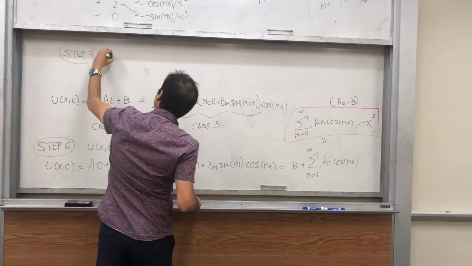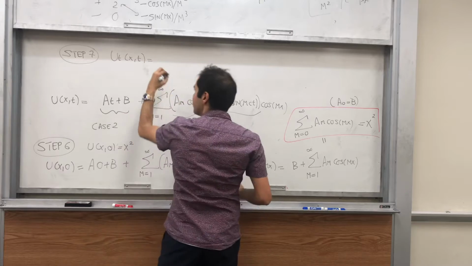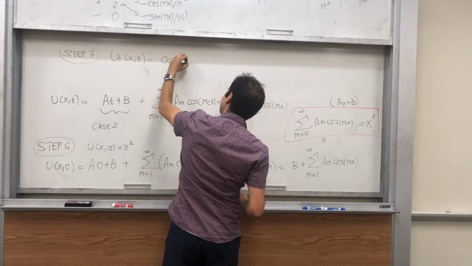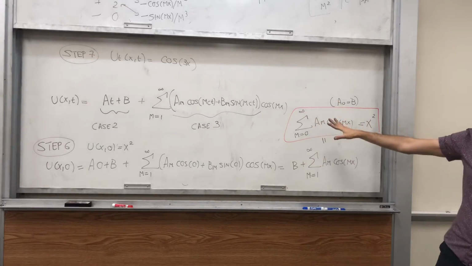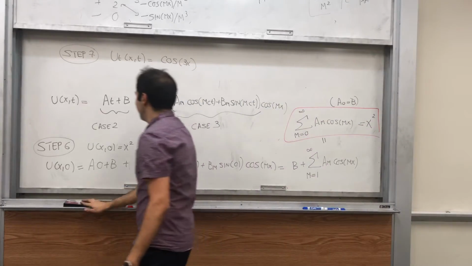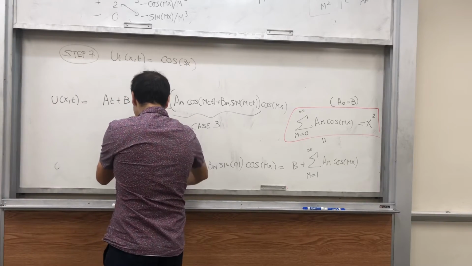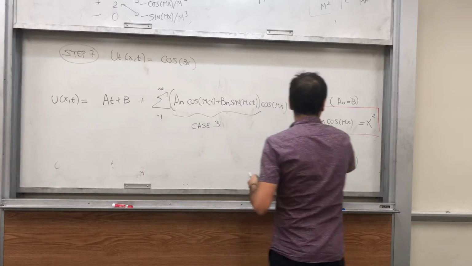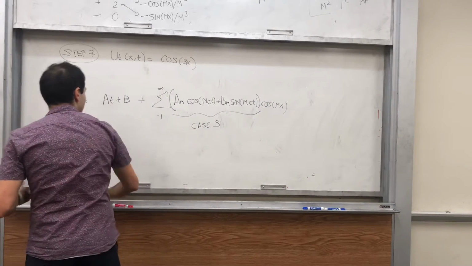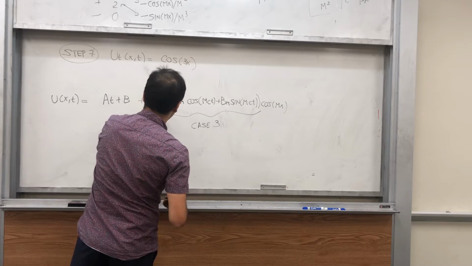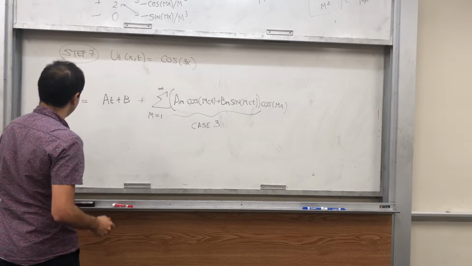I'd like to remind you u_t(x,0) equals, this time I believe, cosine of 3x. But here's the nice thing. We have our u(x,t) here, and so really all we need to do is to differentiate this. So let's calculate the derivative of this with respect to t.